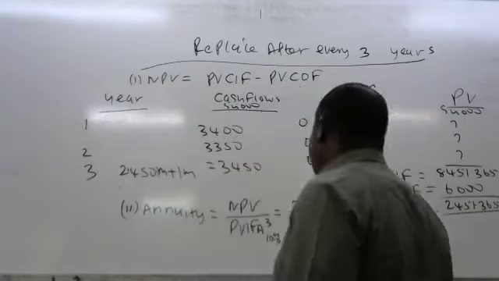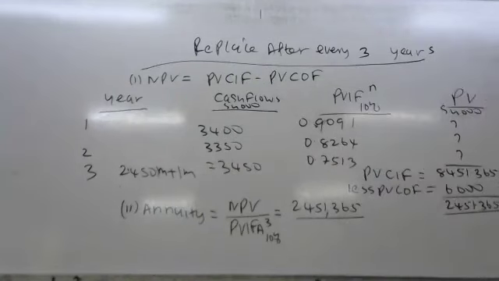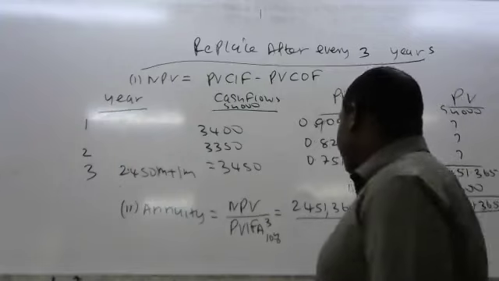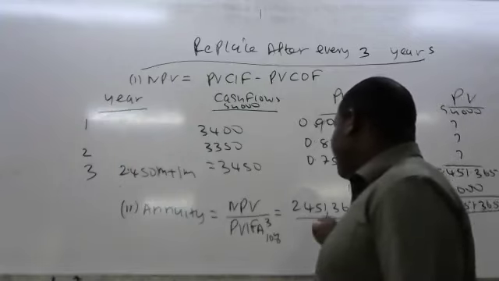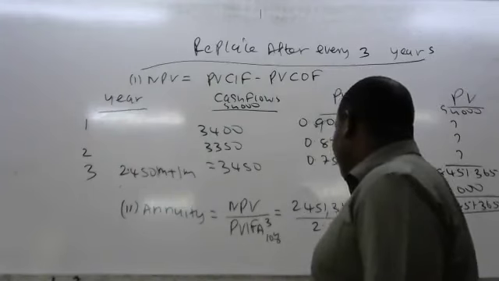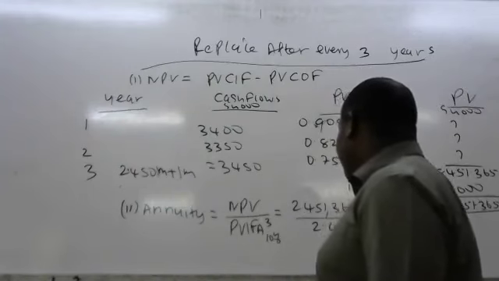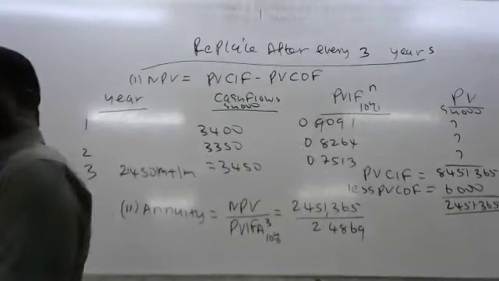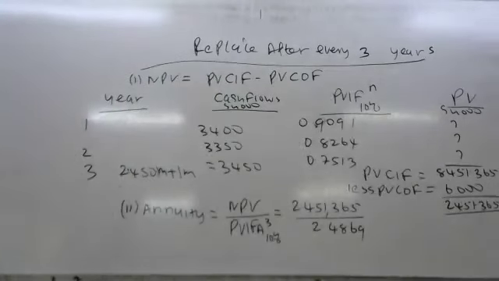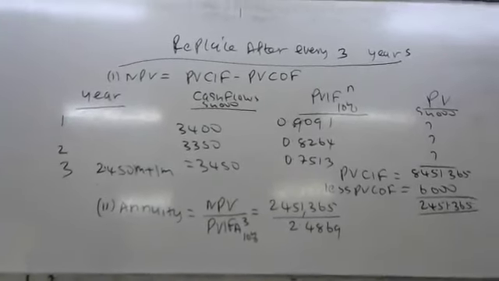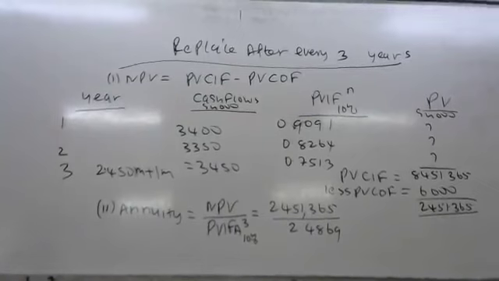So what is 10% in year 3? Should be 3 or 2 point what? 2.48, 69. So that is now when you replace after every 3 years.